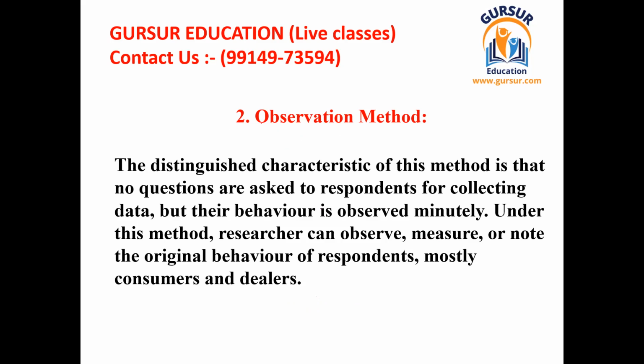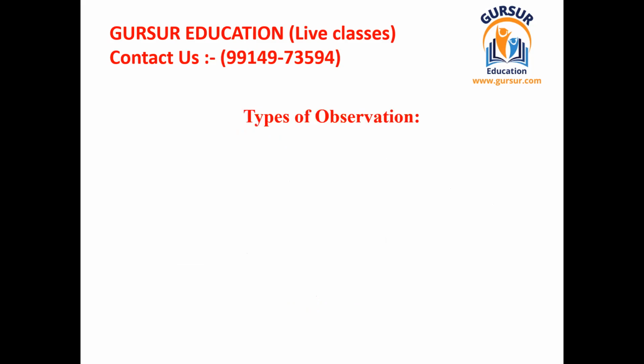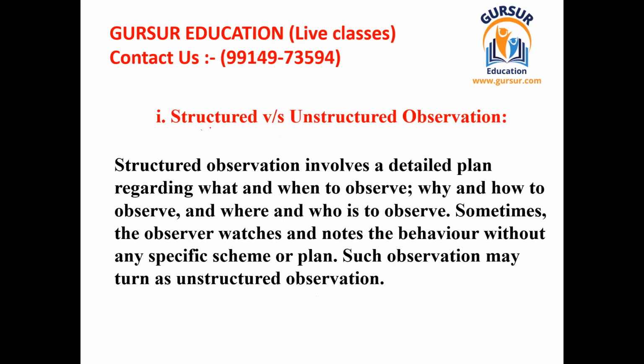Maybe there are some other techniques under the observation method. We will see what these are. Yes, there are types of observation as well. The first is structured, and the second is unstructured observation. Structured means when you have everything planned out. When you have already planned when to go, where to go, whom to follow, why to follow, and what to observe, all these questions, when they are pre-planned, this kind of system is known as structured observation.